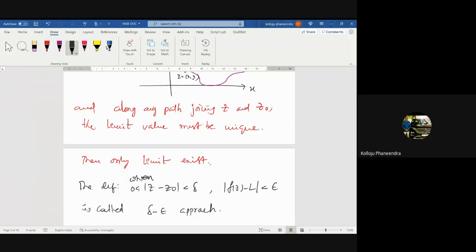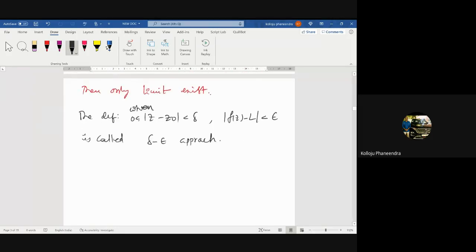Now, just one small problem based on the delta-epsilon approach, but it is somewhat complicated. Using the definition of the delta-epsilon approach, show that limit z tends to i, z square equals minus 1.